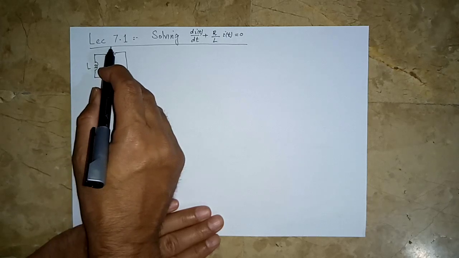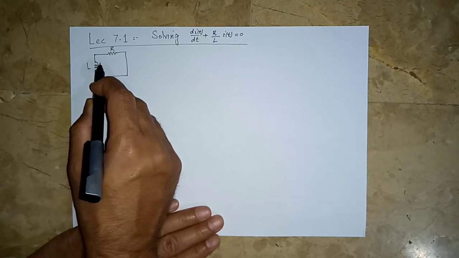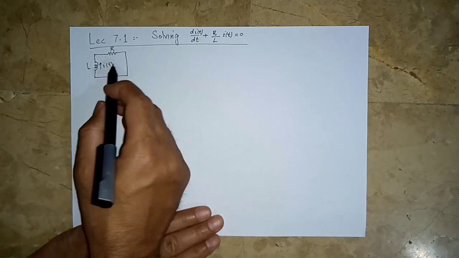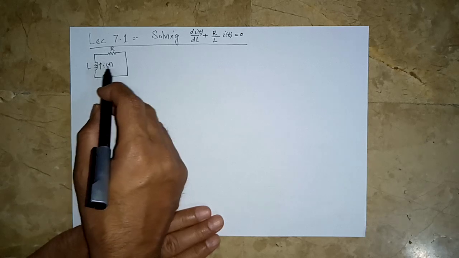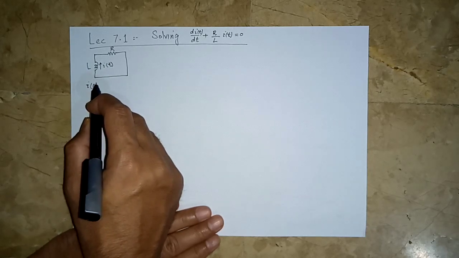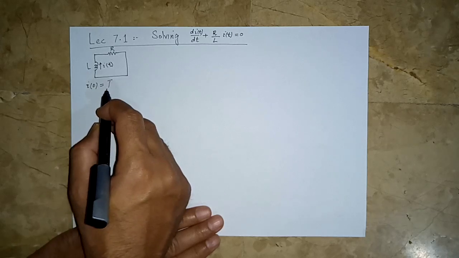We have an L and R, and the initial current was, say, flowing upward. It may be downward, it does not matter, but we are choosing to say that it was flowing upward, and the initial value of this current was I naught.